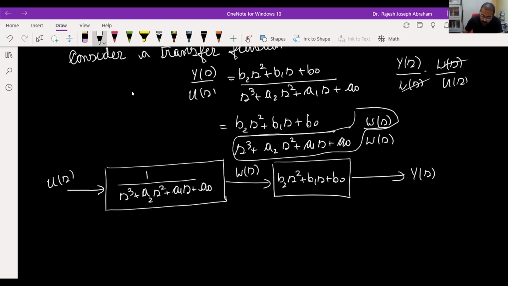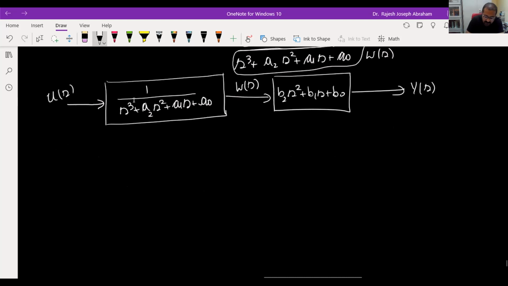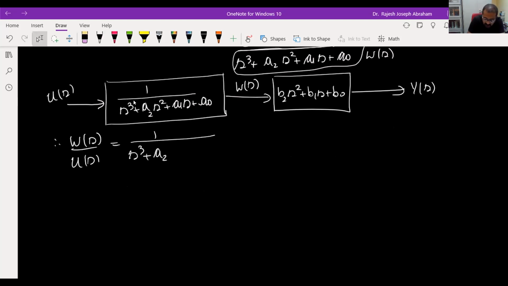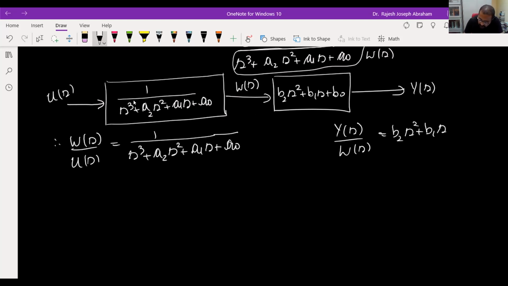Okay, now from this block diagram, what's W of s by U of s? It is 1 divided by s cubed plus a2 s squared plus a1 s plus a0. And from here we will have Y of s by W of s equal to b2 s squared plus b1 s plus b0.